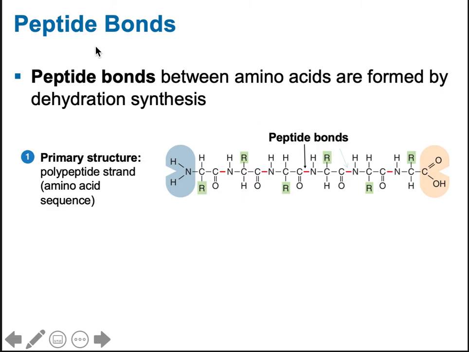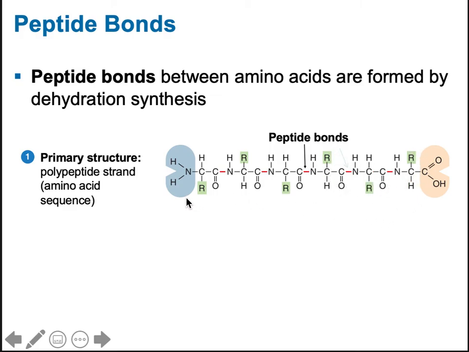So a peptide bond is what links each amino acid to the next, but as I promised you, they're formed by dehydration synthesis. Okay, so here's an amine group, here's a carboxyl group, and every time you see an R, that's a functional group that's not being shown. So you have amino acid 1, 2, 3, 4, 5, 6.